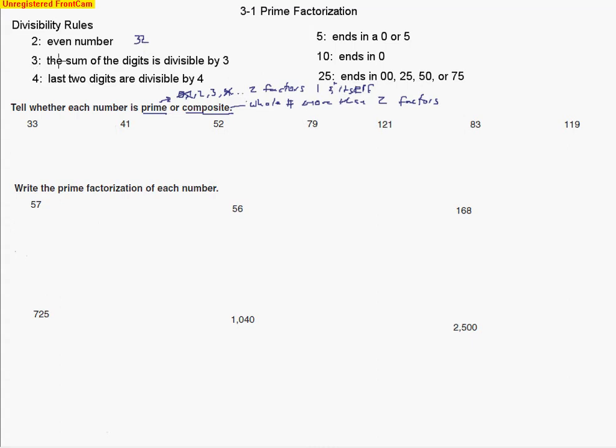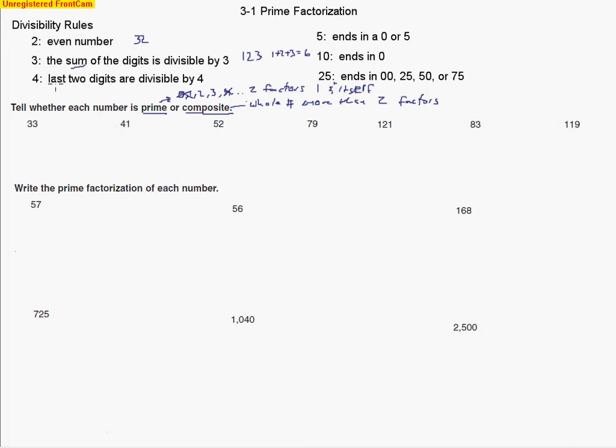For 3, the divisibility rule is the sum of the digits is divisible by 3. So if I had the number 123, this is divisible by 3 because if I add the digits, 1 plus 2 plus 3, that equals 6. And I can divide that sum by 3.